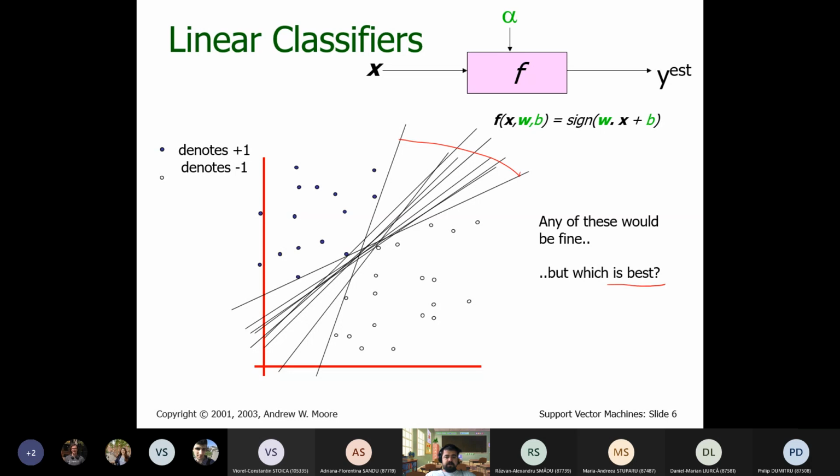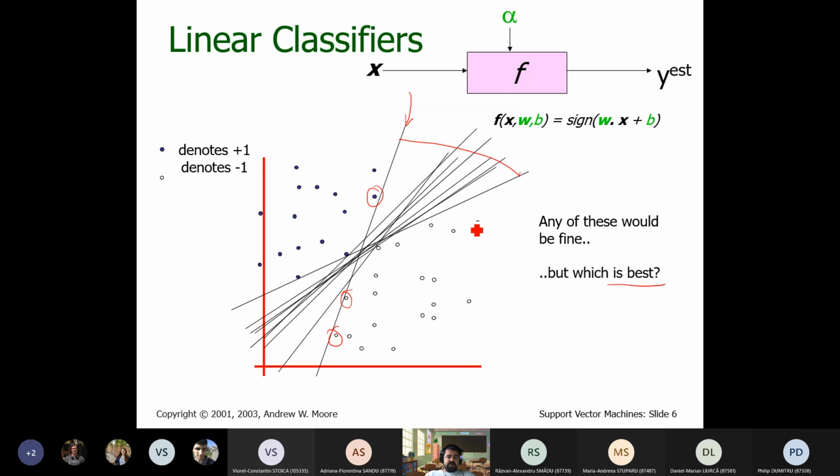Well, not all these classifiers are of the same quality as the others, because you can see, let's assume that we consider this classifier. This classifier is extremely close to both positive and negative values. So this is what you have in the training data, but you don't know what you might have in the test data.